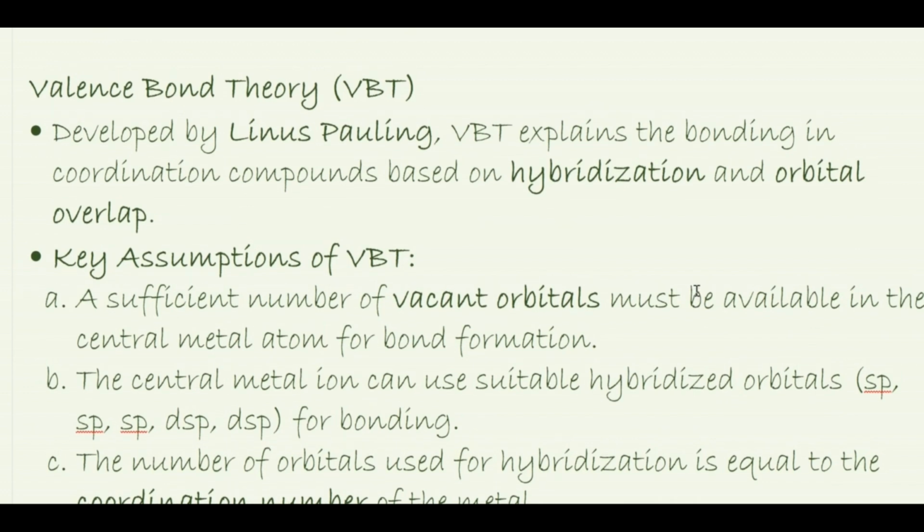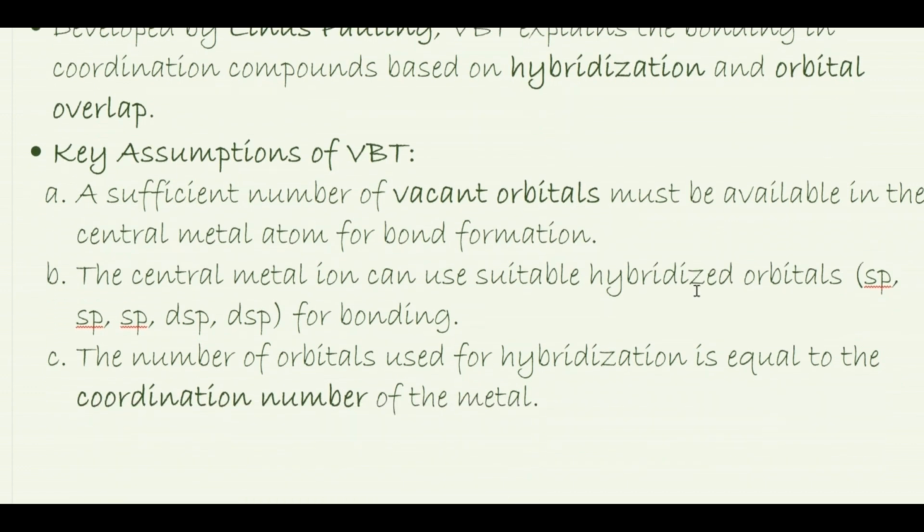To know about the structures, we should know some theories. The first theory is valence bond theory. Valence bond theory was given by Linus Pauling, and it talks about hybridization and orbital overlap. Okay, so the first assumption of VBT is that a sufficient number of vacant orbitals must be available in the central metal atom for bond formation.